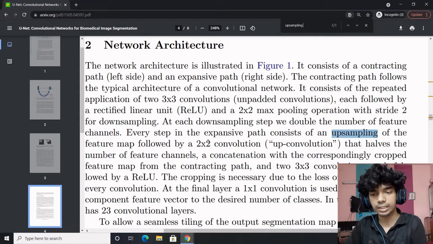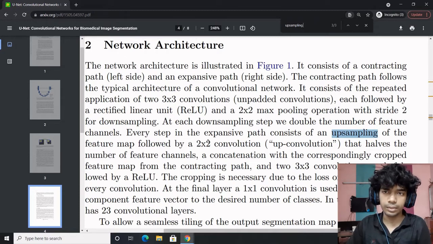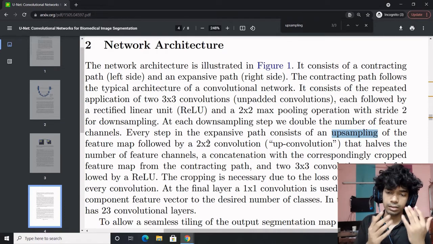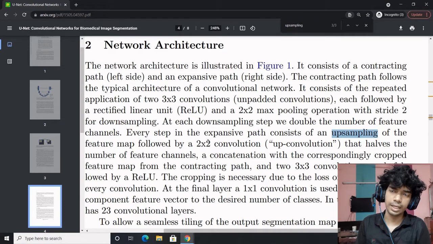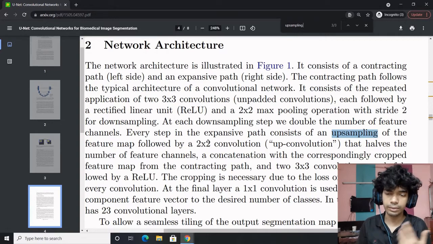Do not confuse this. I have seen multiple implementations using Conv2DTranspose. That is absolutely not the right way. You can obtain similar outputs, but that is not how the official architecture defines it, which is upsampling then a convolution.